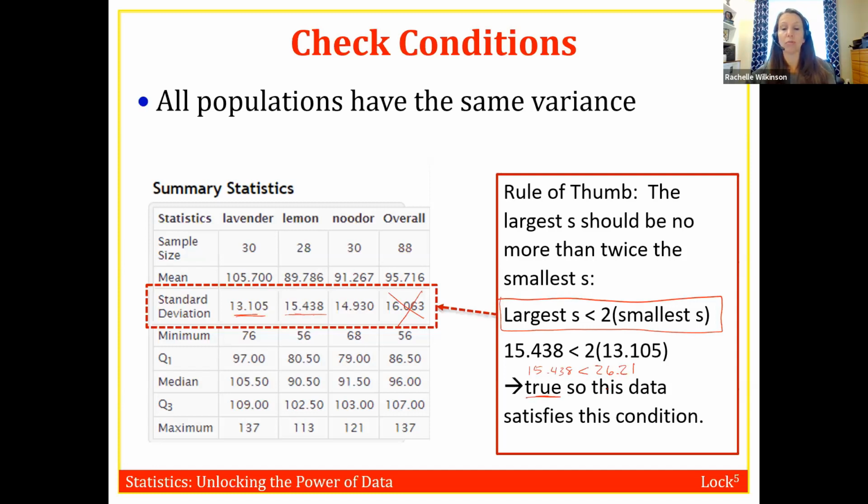So because it's a true statement, that means that we do satisfy this condition for equal variances. So overall then, yes, we meet the conditions because either our sample sizes were large or the data itself was normally distributed, and the largest sample standard deviation was less than twice the smallest sample standard deviation.